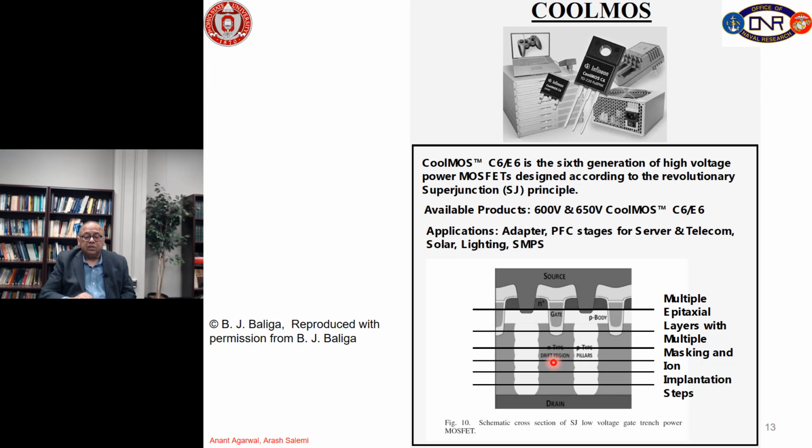This is the 6th generation of CoolMOS available from Infineon Technologies, and you can see how we make this P and N pillar. We implant P type region and grow the N type layer, then we implant P again, grow the N type again, and we can do this about 5 or 6 times or 7 times.